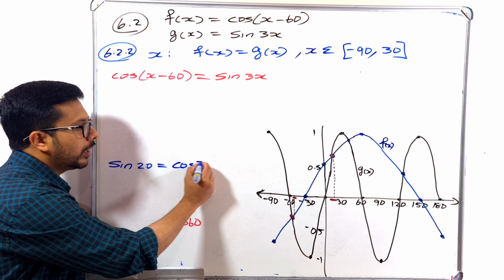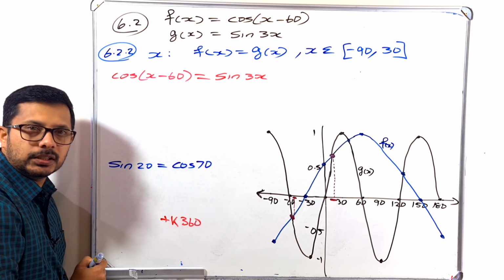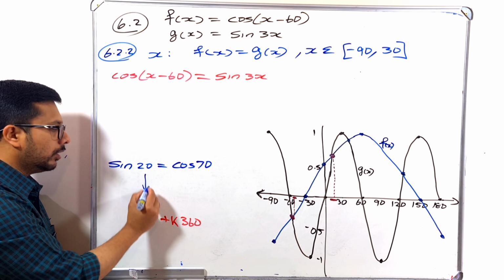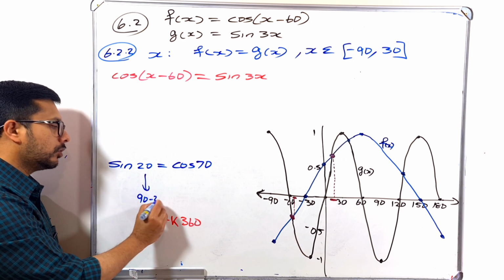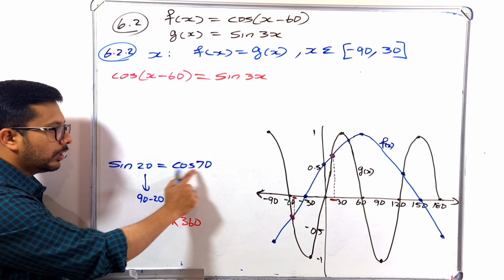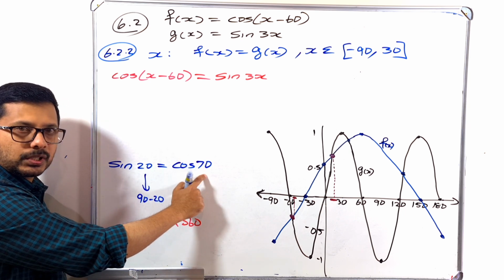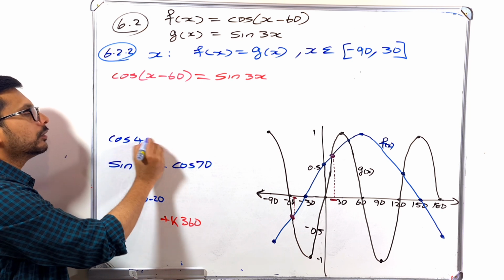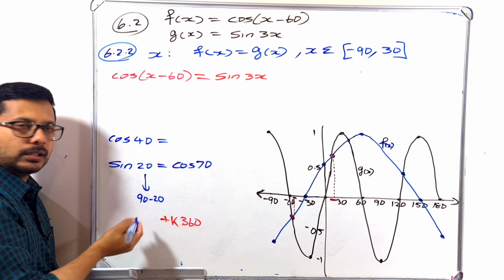How can you convert this into cos of what? Cos of, you can write it as 70. Do you know how? This 20, you have to check what is 90 minus 20. What is 90 minus 20? It is 70. So write that 70 here. Cos of 70. Okay. Same applies. For example, cos 40. How can I write the sine?